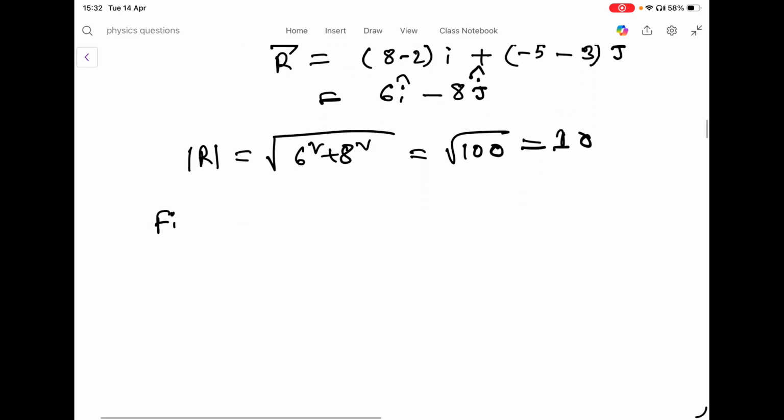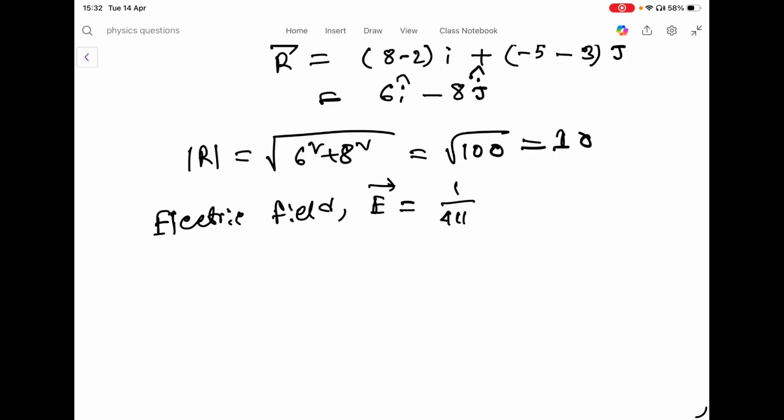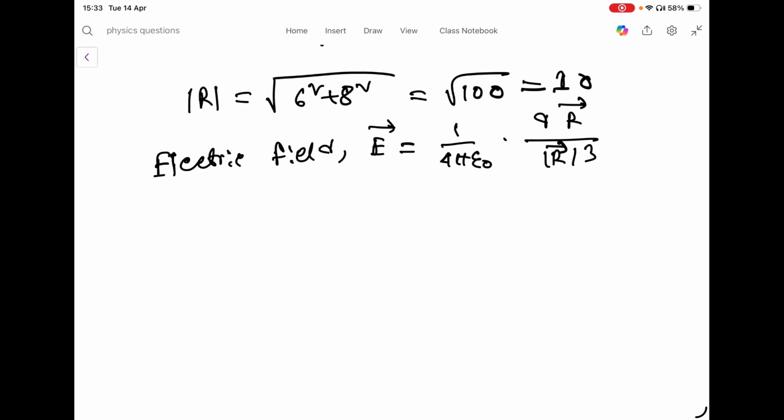And electric field, denoted as E vector, equal to 1 by 4 pi epsilon naught into Q into r vector divided by mod of r cube. So you can express the 1 by 4 pi epsilon as 9 into 10 to the power 9.